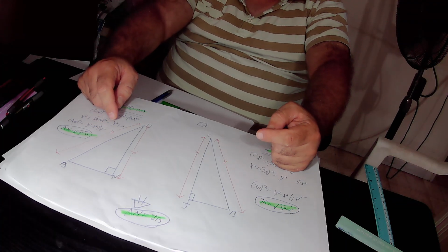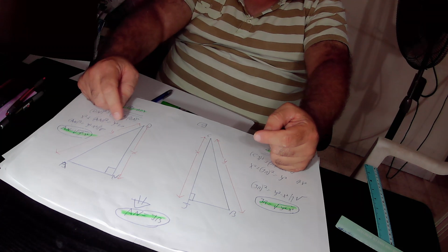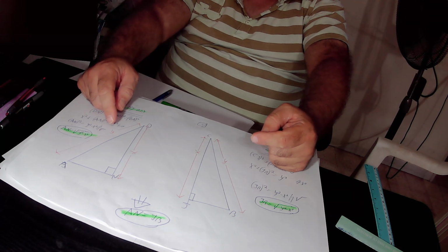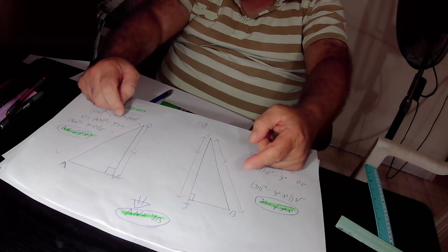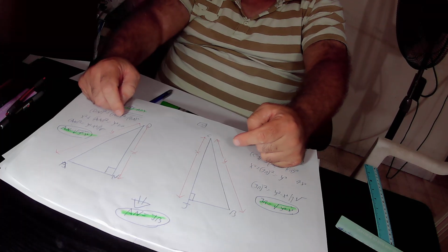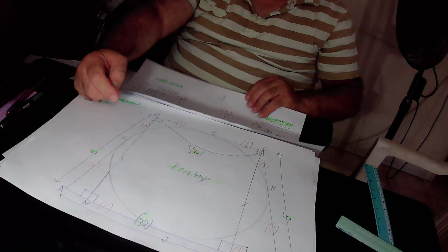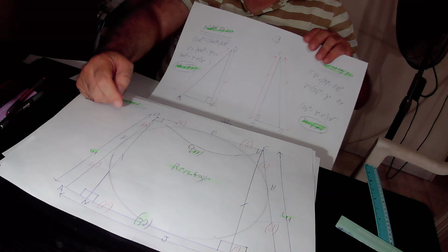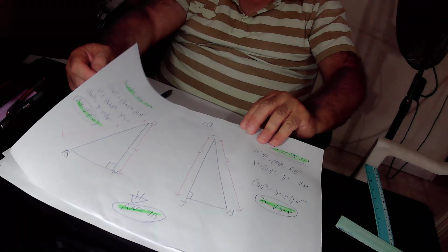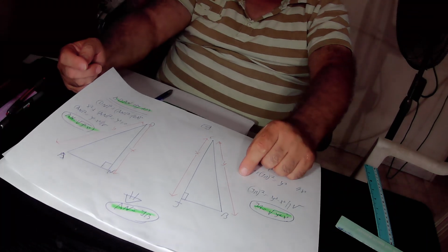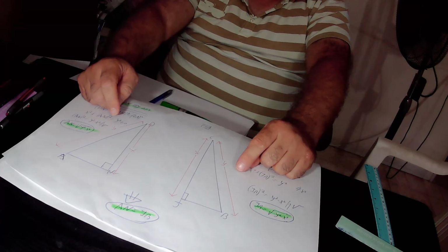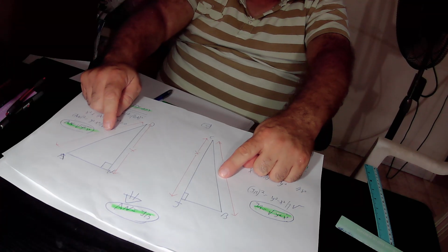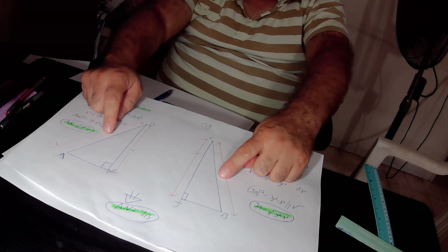So we define the length of DA as y. Then side CB must also be equal to y. Actually, the hypotenuse equals 41, but anyway, I define it as y. Okay, so those two sides are both equal to y, therefore they are equal to each other.